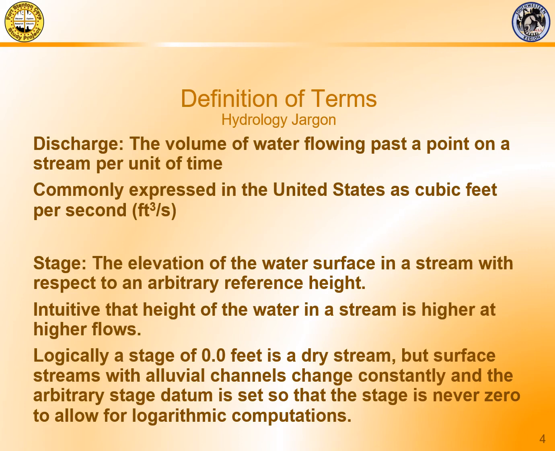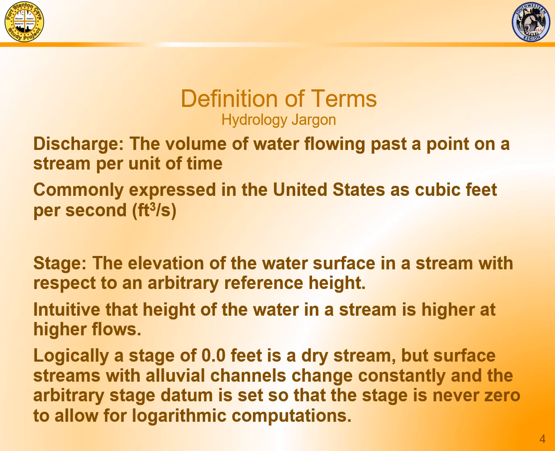Another term I'll use a lot is stage. Stage is the elevation of the water surface in a stream with respect to an arbitrary reference height, a datum. Intuitively, we know that the height of water in a stream is higher at higher flows. As the stream flow decreases and eventually goes to zero, logically you might think the stage when the stream is dry is 0 feet, but surface streams with alluvial channels change constantly, and zero flow might happen at different heights.